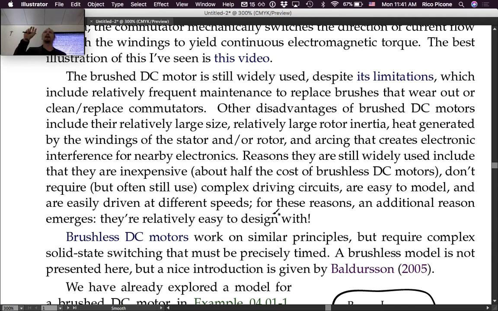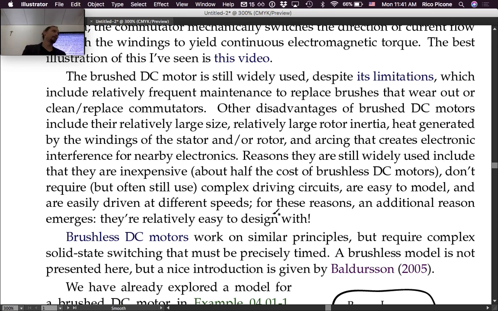You can have permanent magnets on it. And so the pulse timing requires some very precise electronics. So you have to have internal measurement of where the shaft position is. And then it has to have electronics that will do the switching of the power supply. And it's pretty cool, yeah.